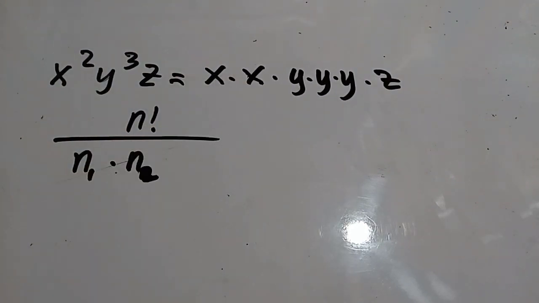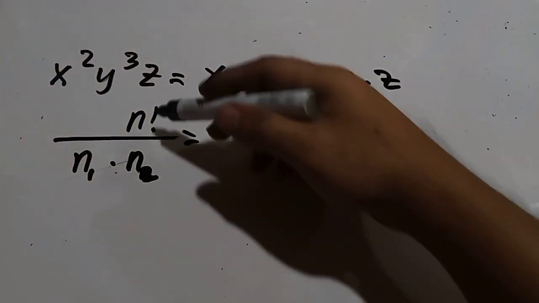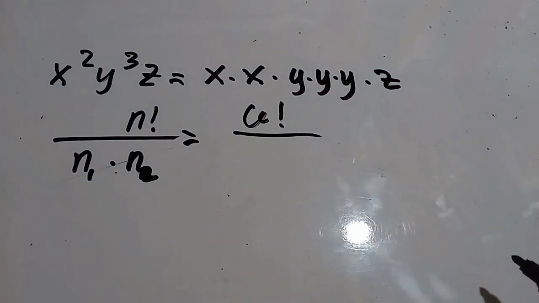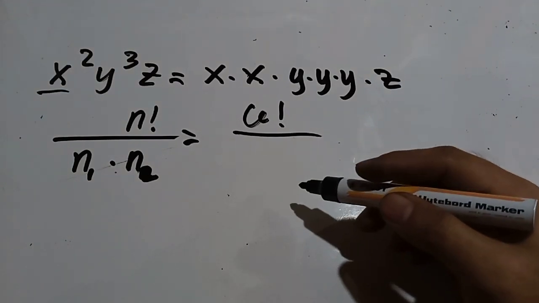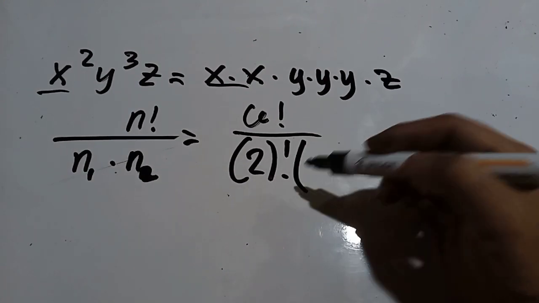We substitute for n permutation, how many are there? 1, 2, 3, 4, 5, 6. So we have 6. How many is n sub 1, how many x? Two. Our y is 3.